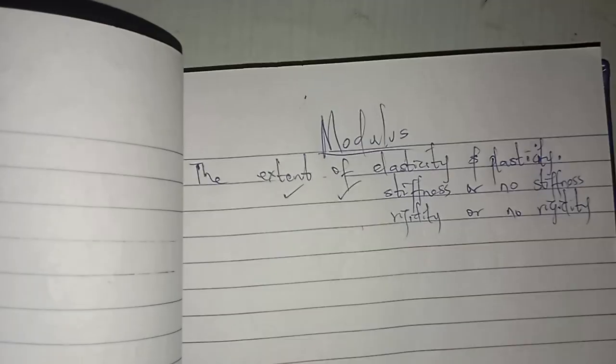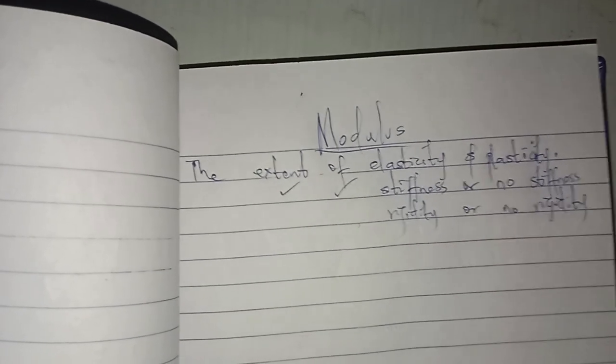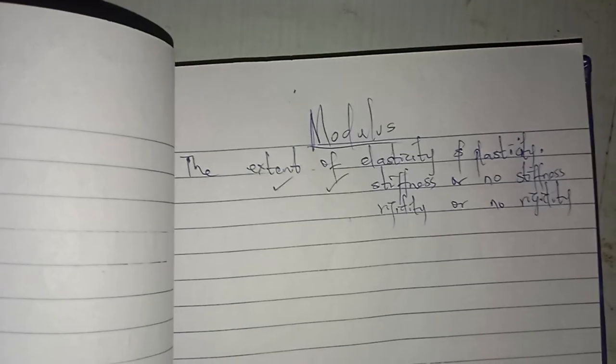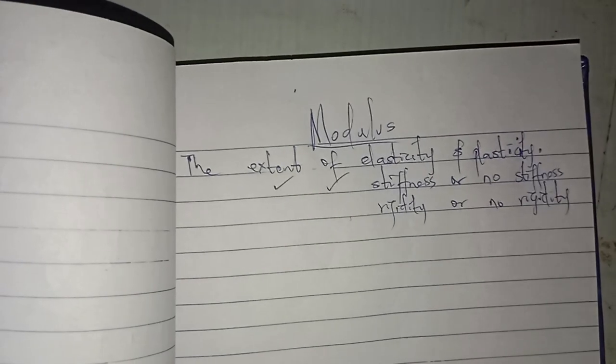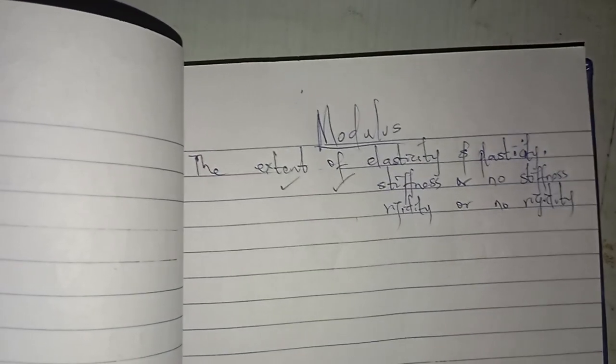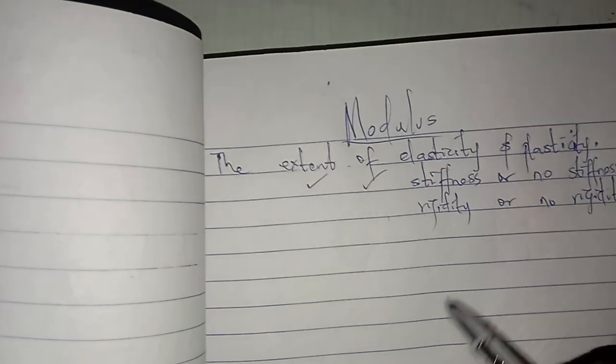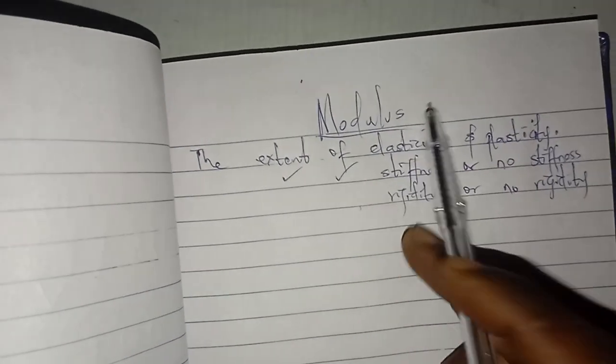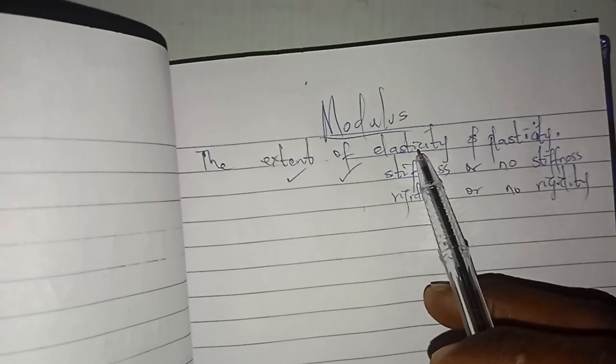But if I apply force to that ruler and it takes time, it's not breaking immediately, it's showing me that it has elasticity. I'll say that it has low modulus. So the best way to put it is that when it has high modulus, the elasticity tends to be low.